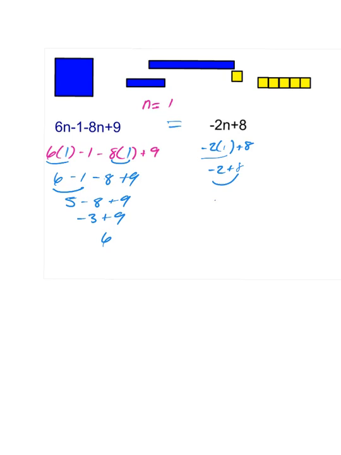Negative 2 plus 8 is 6. Oh, look, they are the same. When we evaluate each expression with n equaling 1, they come out to be the same value, which means they are equivalent expressions. This is how we test equivalence.